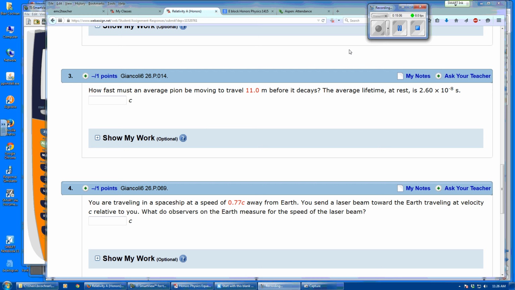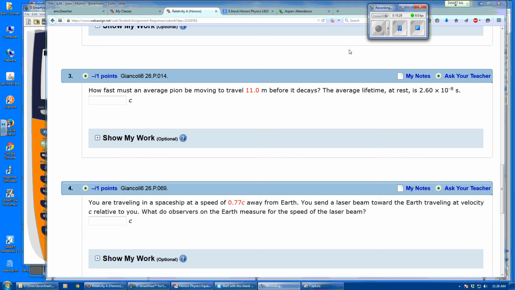So the pion isn't going to experience 11 meters as it travels, but in the Earth's frame of reference, 11 meters will be traveled. But the pion is only going to experience 2.60 times 10 to the minus 8 seconds. But of course, more time is going to pass in the stationary frame of reference, the Earth's frame of reference, than in the pion's frame of reference.